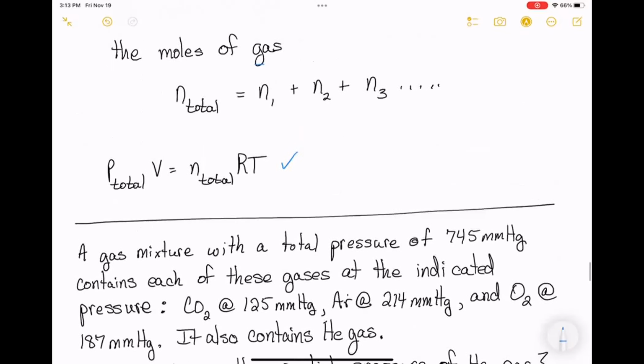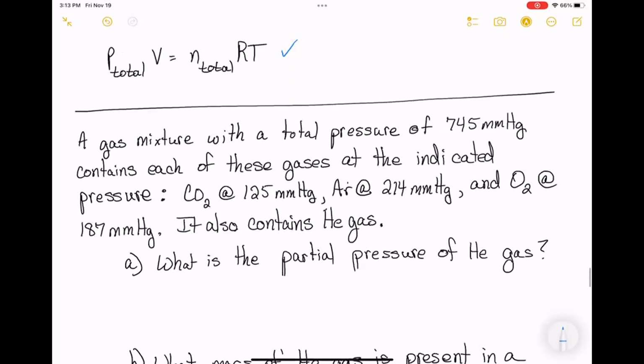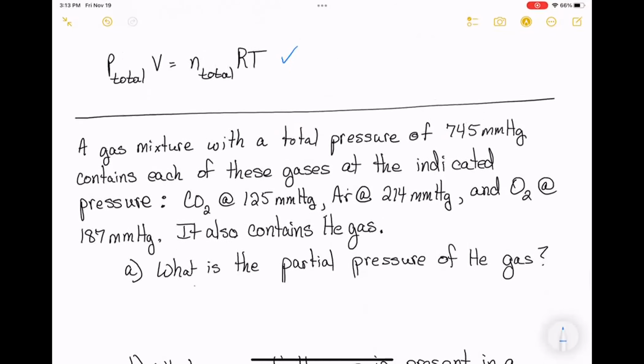Well, we're going to use this concept that P total is equal to P of the first gas plus P of the second gas plus P of the third gas plus P of the fourth gas. So using that, we can plug in the information we were given. We have 745 millimeters of mercury.